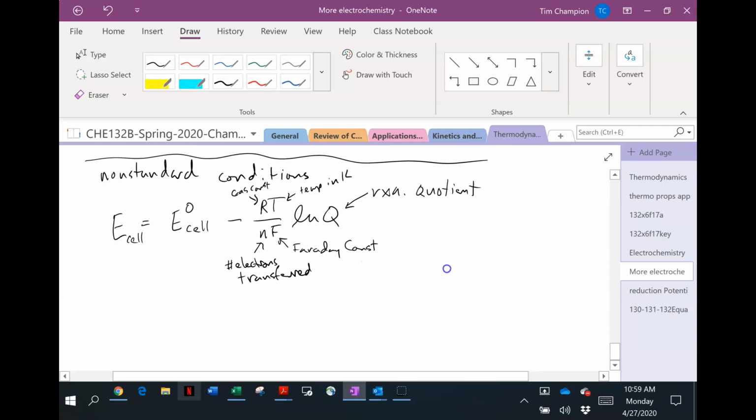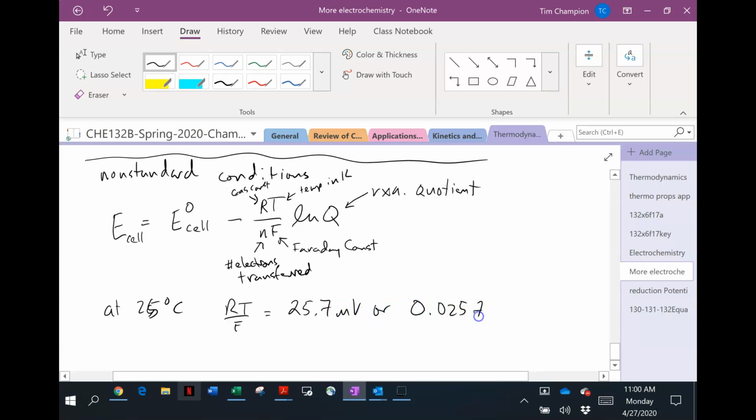And the shortcut is that at 25 degrees Celsius, RT over F is 25.7 millivolts, or 0.0257 volts.